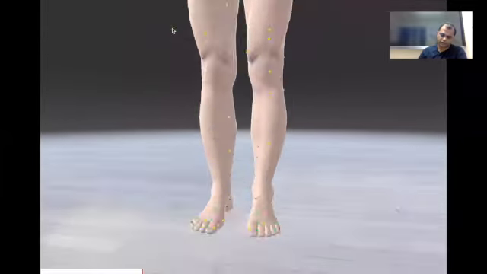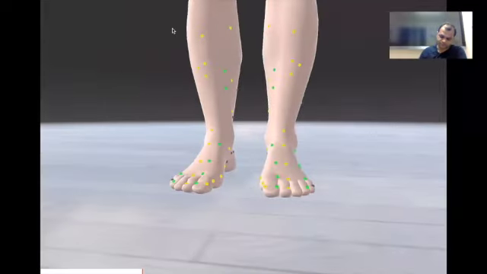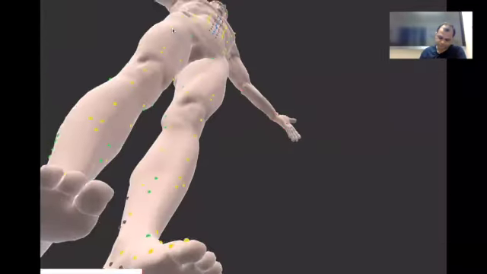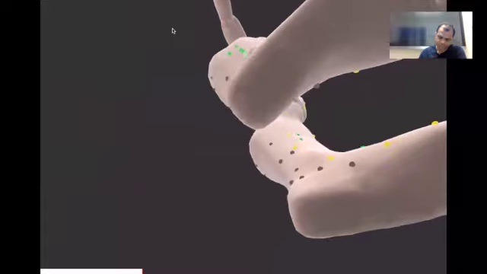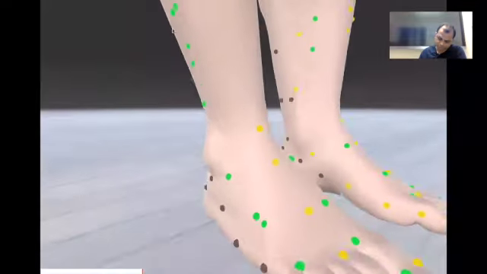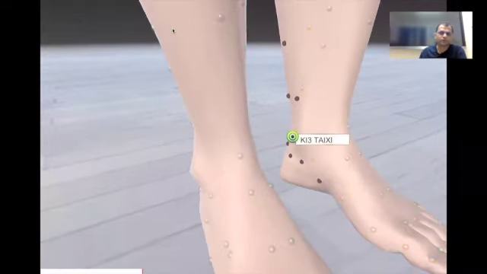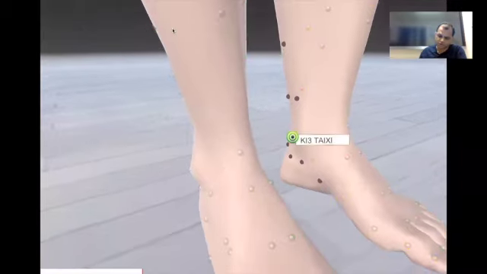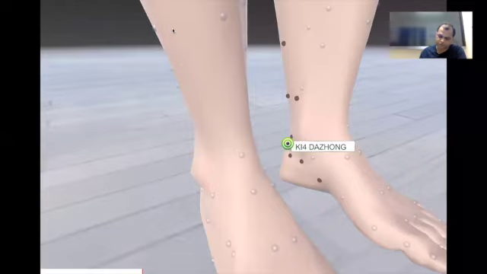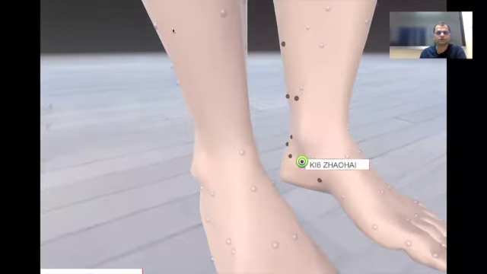So look at the heel area. So kidney 3 point, kidney 4, kidney 5, and kidney 6. These 4 are the local points around the heel. Kidney 3, 4, 5, 6.